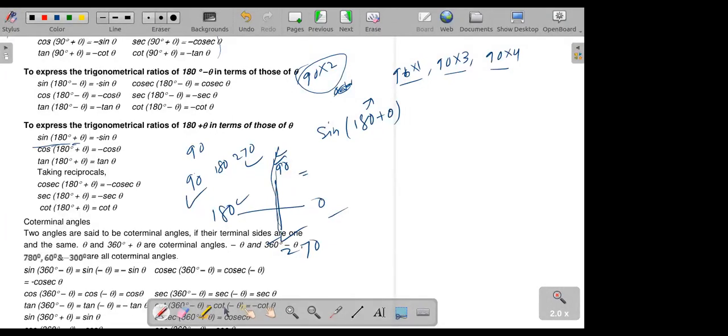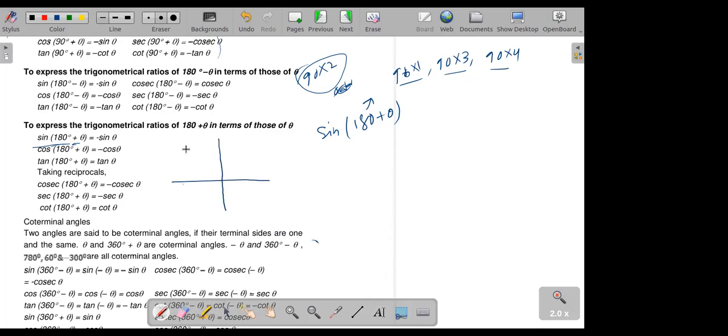Actually, I did not understand why we need to check even and odd. Can you please explain? 0, 90, 180, 270. This is the first multiple, this is second, this is third, and this is fourth. So for the first and third, it will change to complementary ratios.